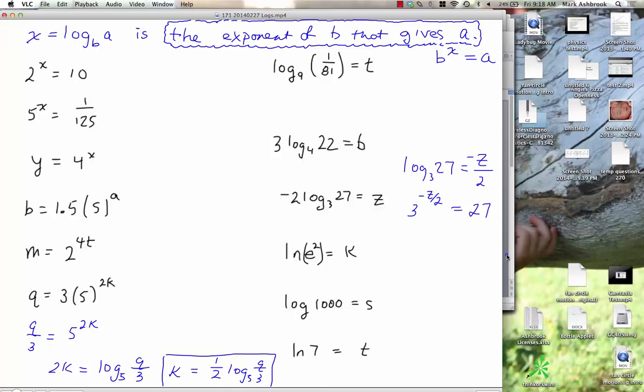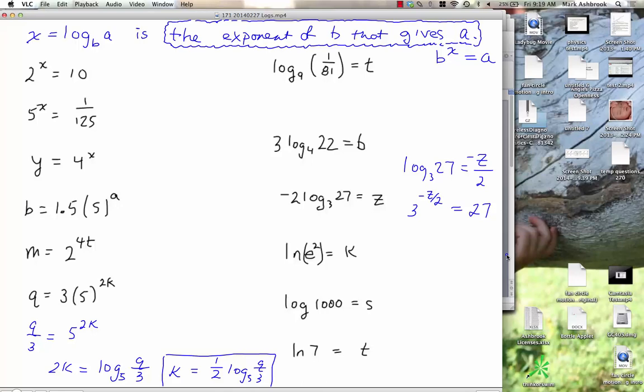Yeah, question? In the previous one, can we solve the 5 squared first and make it log to the base 25 of q over 3? Yes. 5 to the 2k is the same as 25 to the k. That will work too.